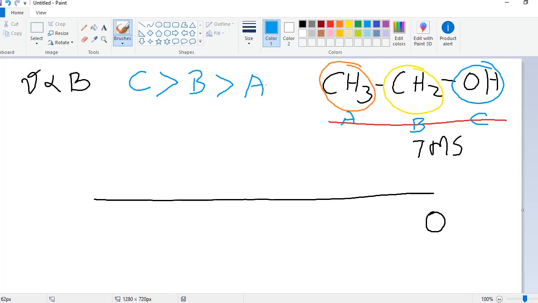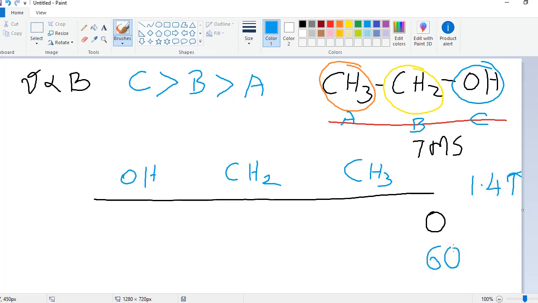That means the precessional frequency associated with the hydroxyl proton would be maximum, followed by the methylene and then followed by CH3.